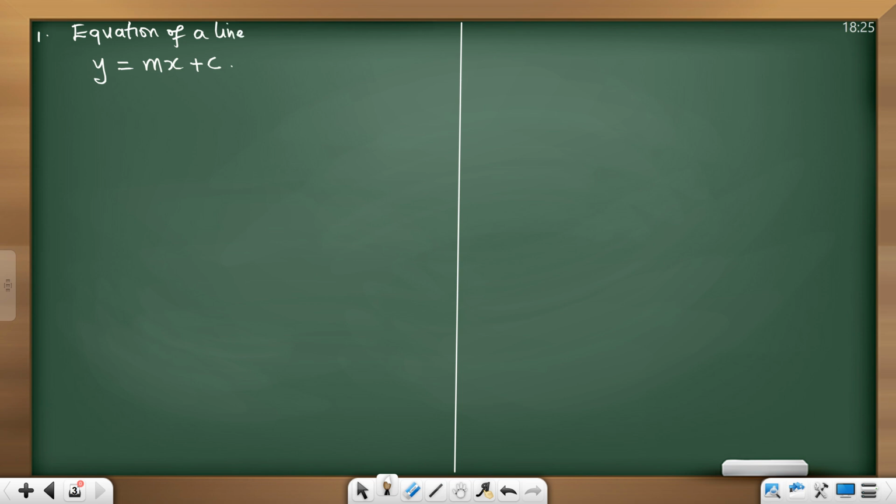I'll give you an example. If y equals 2x plus 5, what is my gradient? The coefficient of x. My gradient is 2.